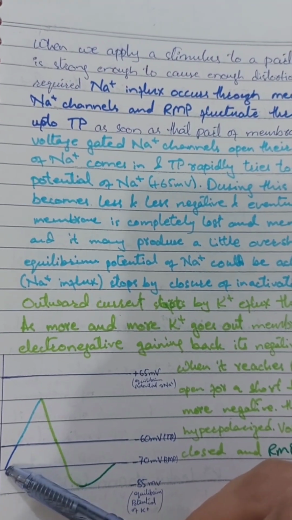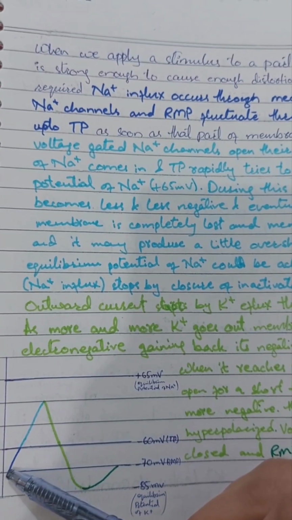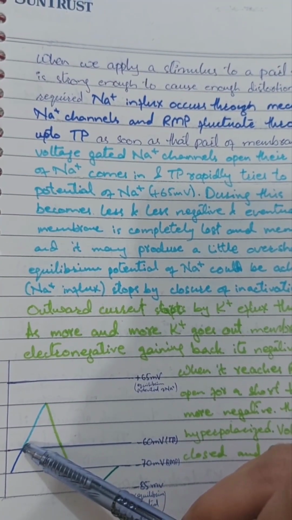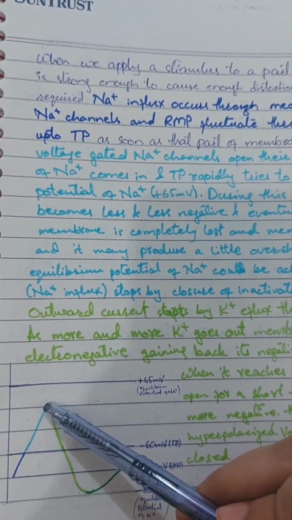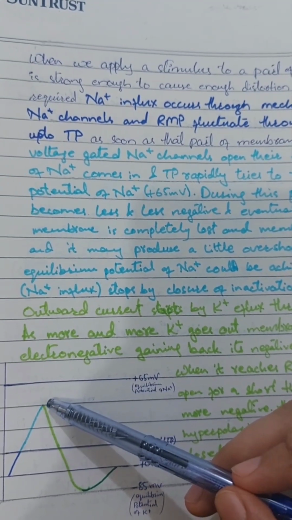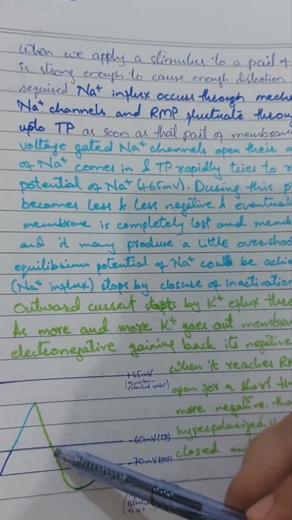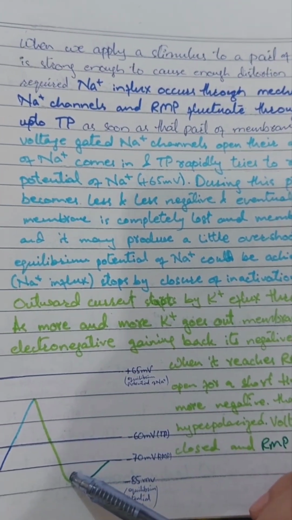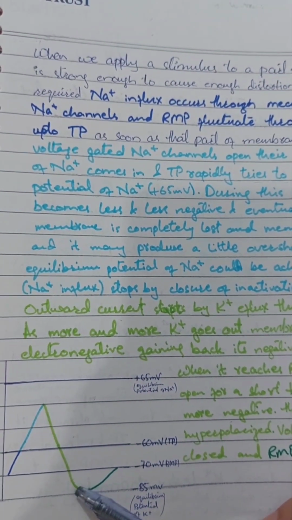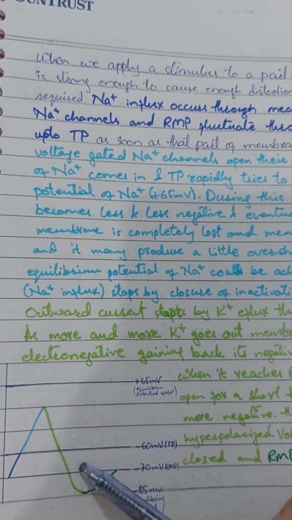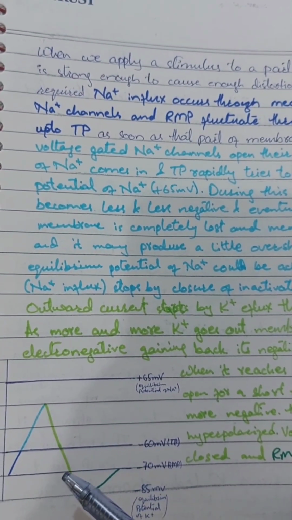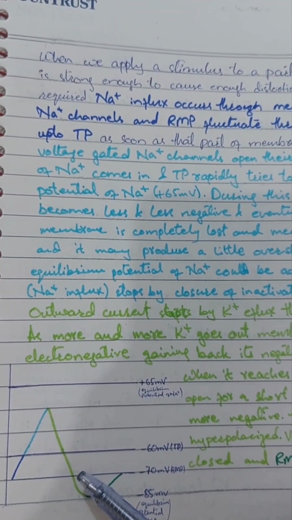The resting membrane reaches the threshold potential, becomes depolarized because of sodium influx, and because of potassium efflux it becomes again repolarized. And when it reaches the resting membrane potential, potassium channels remain open for a short time.